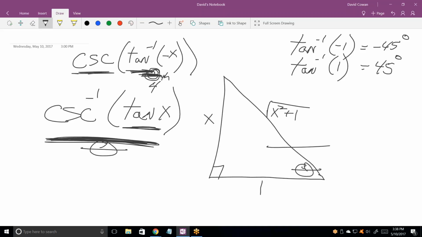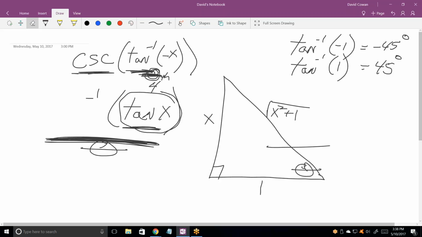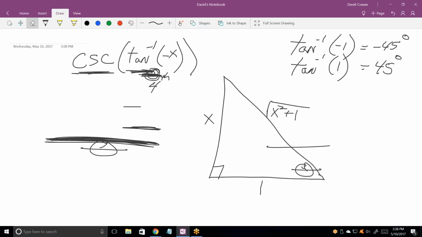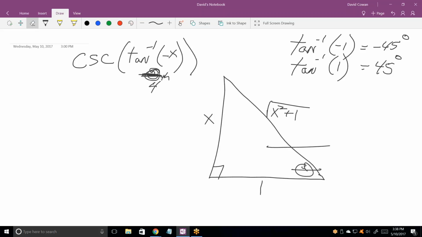But the only way to solve it is to work from the inside out, solve for what the tan of that is, and then solve for what the cosecant of that number is. So when they're reversed, it's harder because you actually have to maybe use a calculator or figure out trig functions. But when it's this way, you don't. You can always solve it this way where you do not even solve for theta.